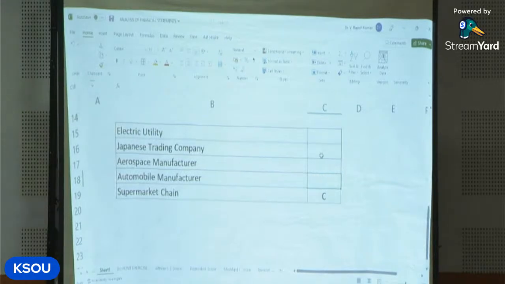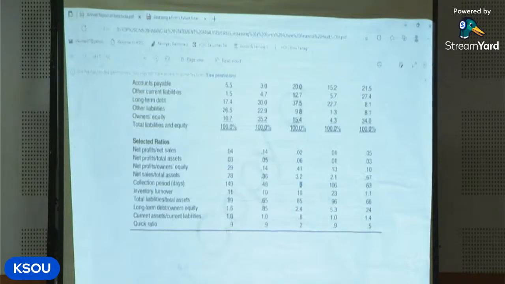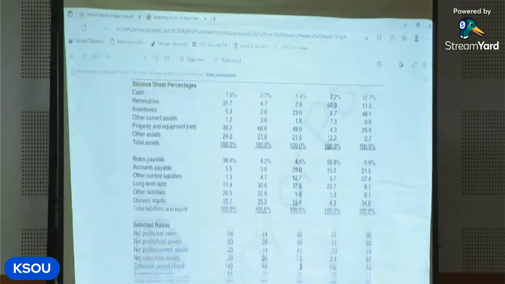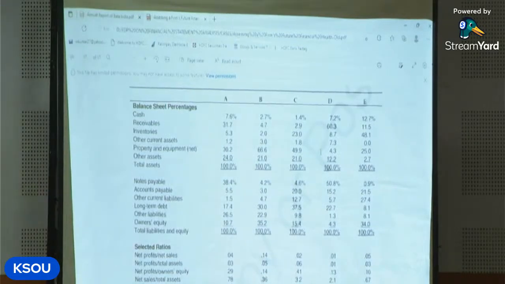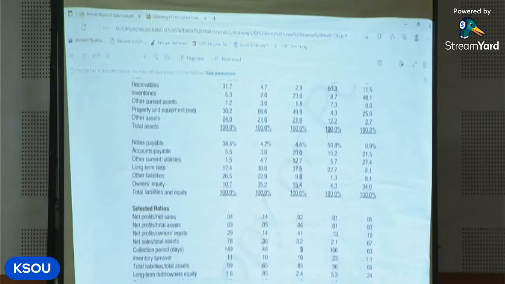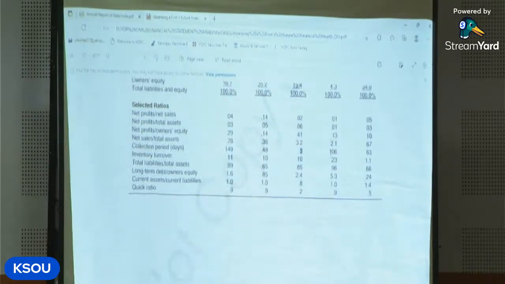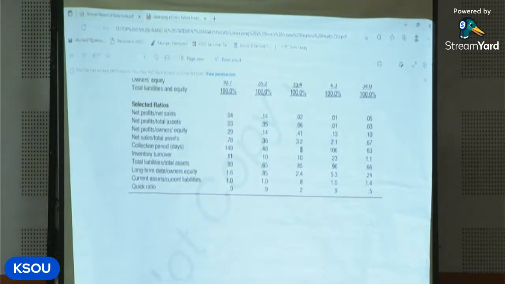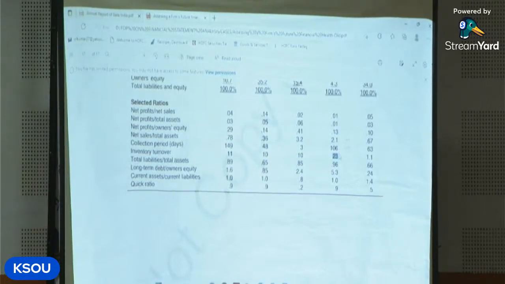Next. D is a trading company. In fact, it's very correct. Why? Again, we don't need much investment in infrastructure. Property, plant, and equipment is less. Profit margin is less. And the main feature is inventory turnover ratio.